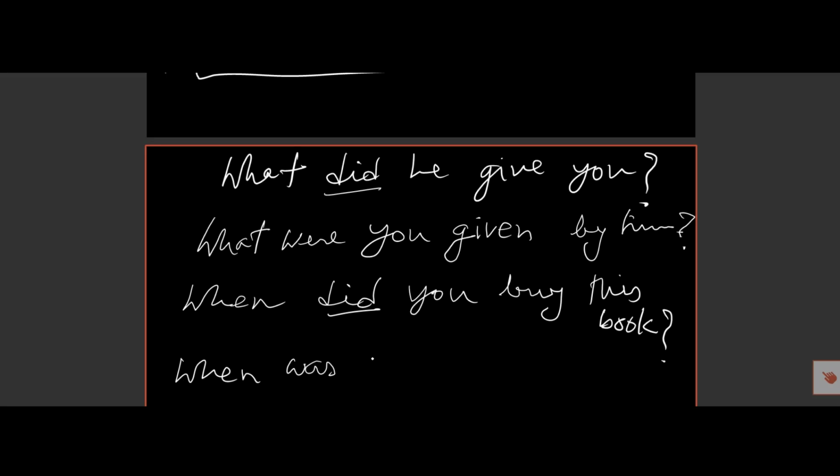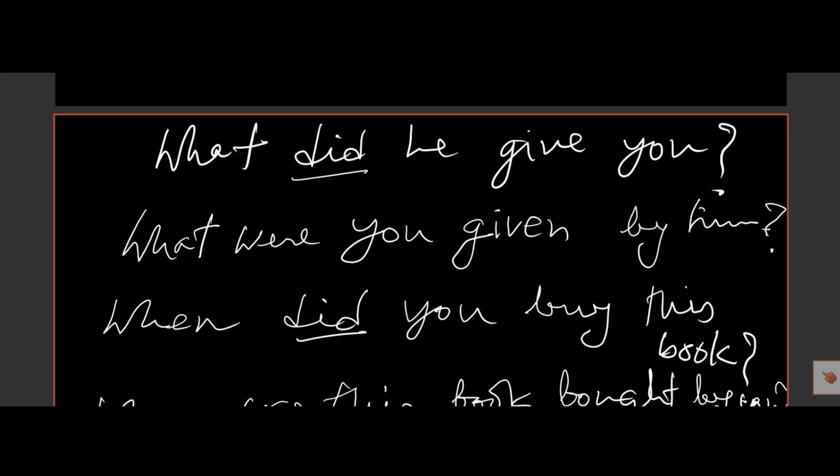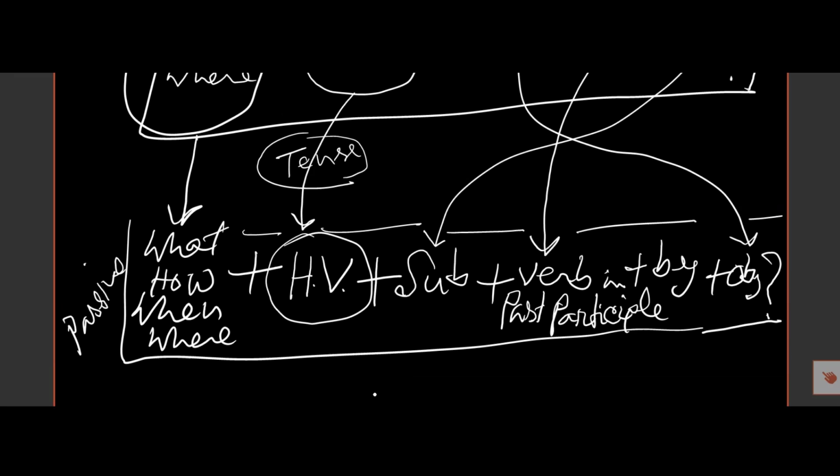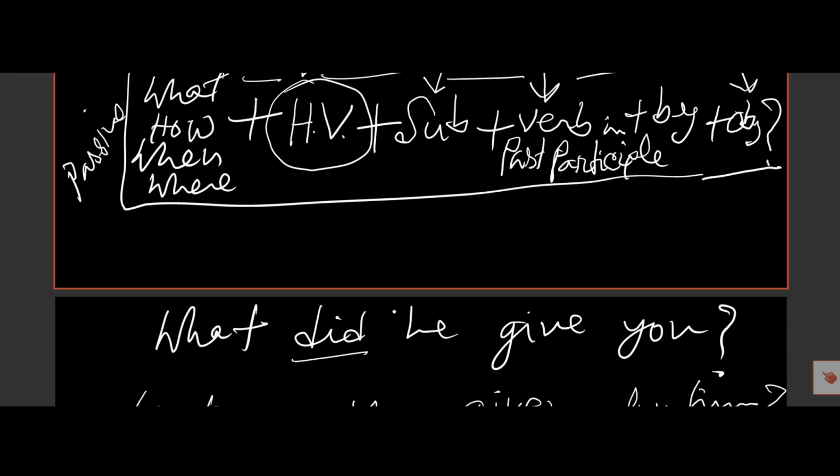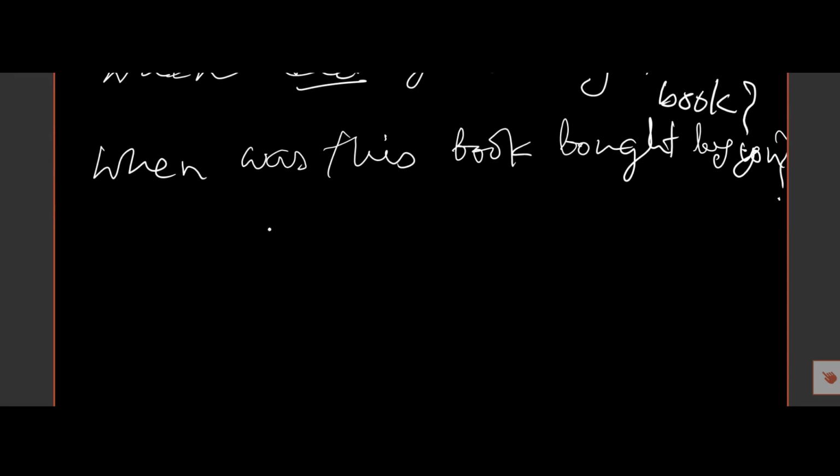So, when was this book, then buy will be the past participle form bought, then you will be after by: by you, and there is a note of interrogation mark. So this is the structure if the sentence begins with a WH word. Let's see another structure here.